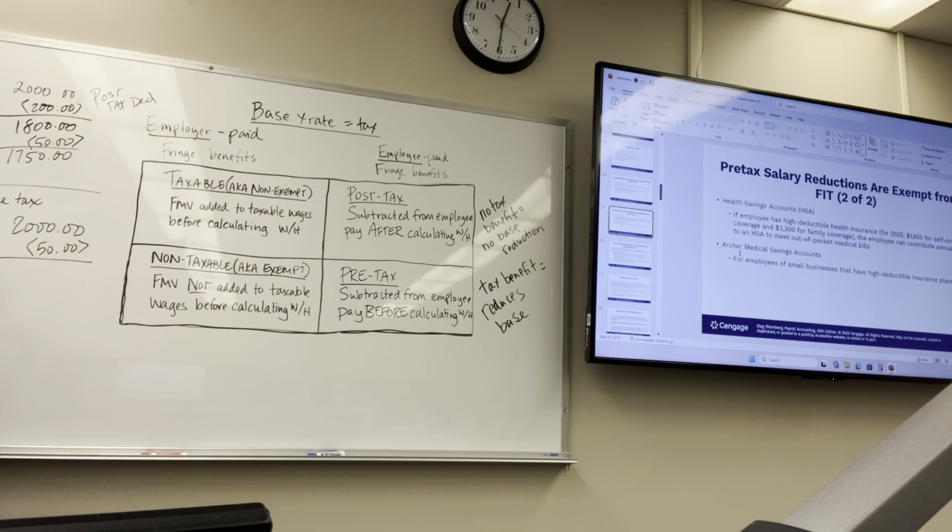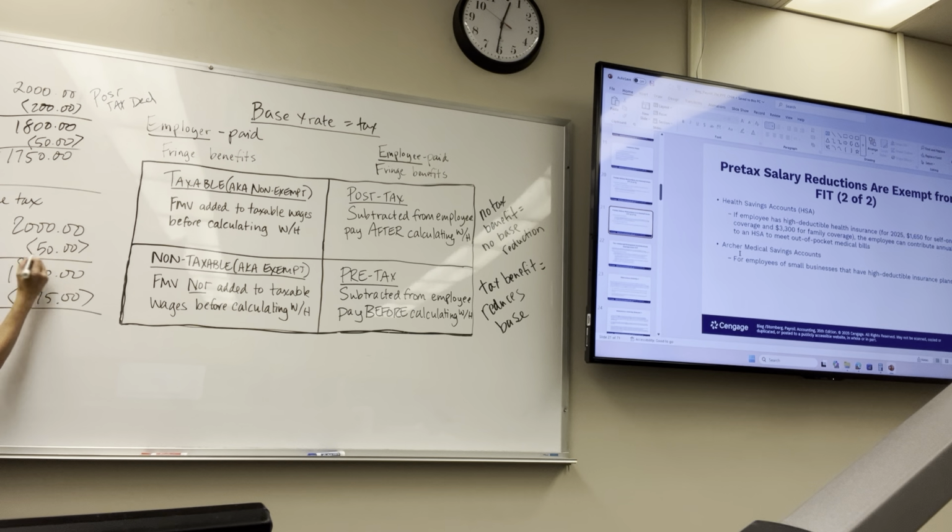So now our base, before our base was $2,000, now it's $1,950. Now we're going to calculate our federal income taxes based on the $1,950 instead of the $2,000. So probably our federal income taxes are going to go down. Let's just say it goes down to $175 for our federal income taxes now.